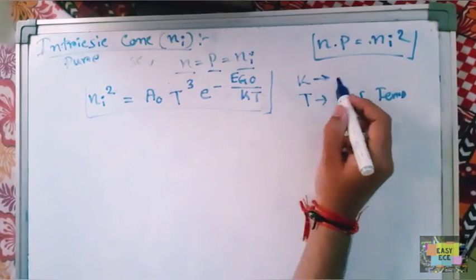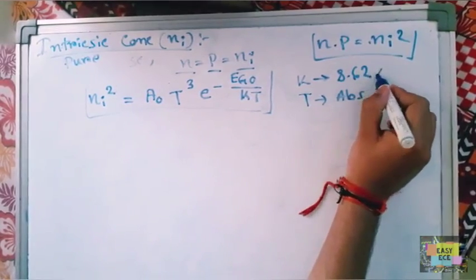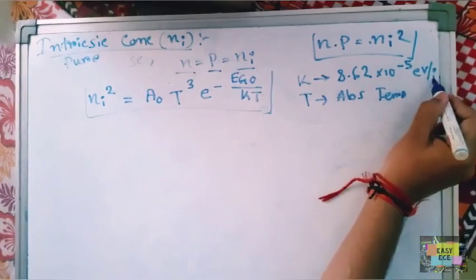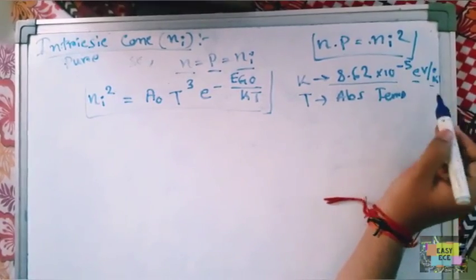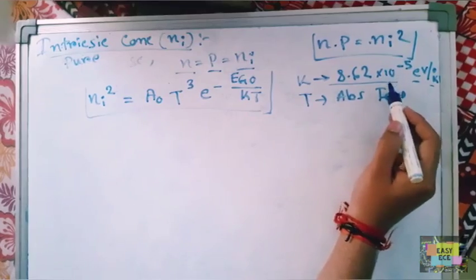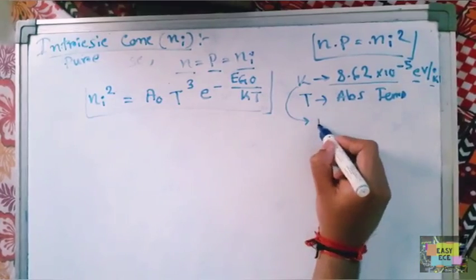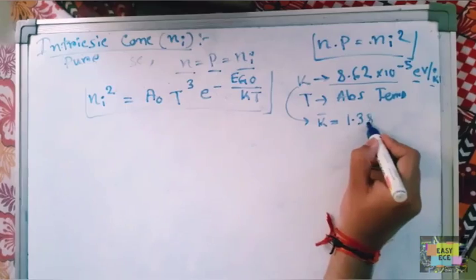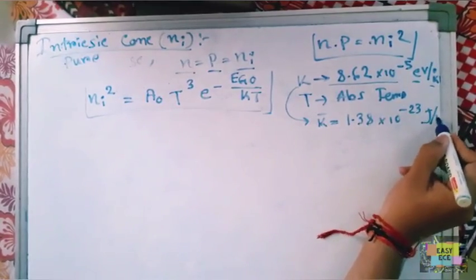The value of K is 8.62 into 10 to the power minus 5 eV per degree Kelvin. This is the Boltzmann constant value in eV per degree Kelvin. And in joule per Kelvin, we denote it K naught, and the value is 1.38 into 10 to the power minus 23 joule per Kelvin.